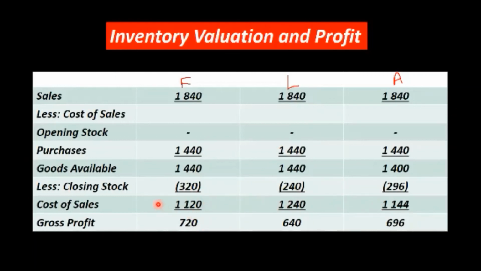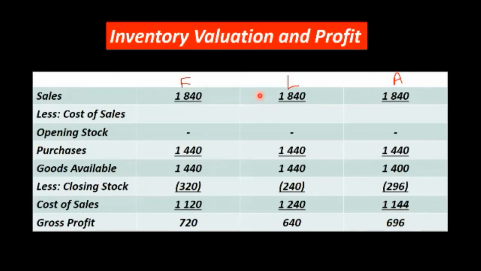When we minus the cost of sales from the sales, we will get our profit. So 1840 minus 1120 gives us 720. 1840 minus 1240, okay, and this should be 600, not 640. And 1840 minus 1144 gives us 696, right?